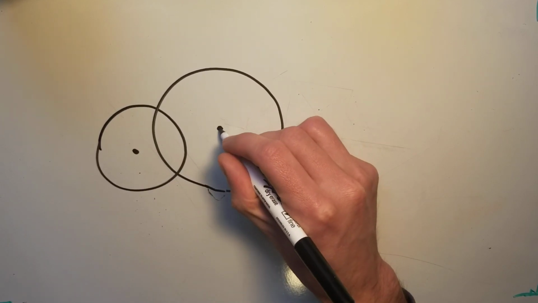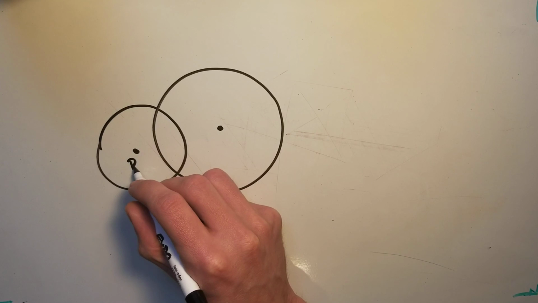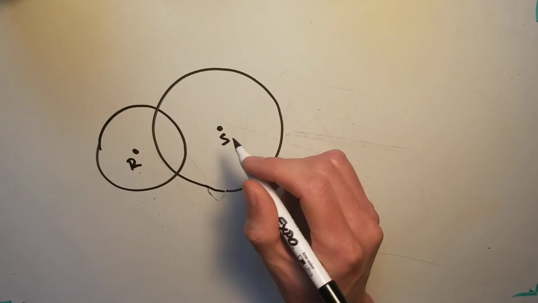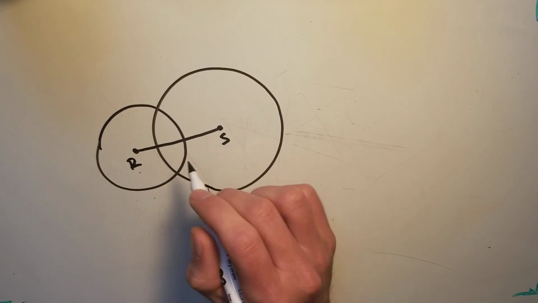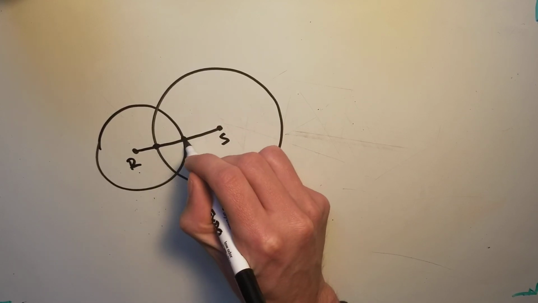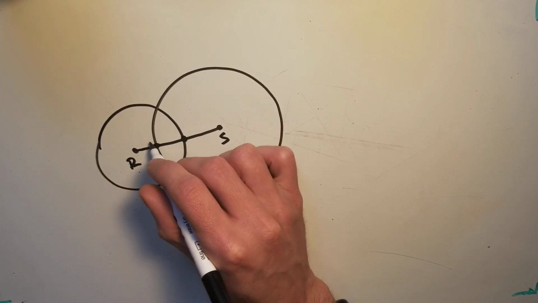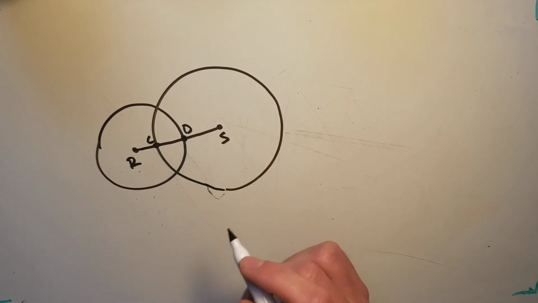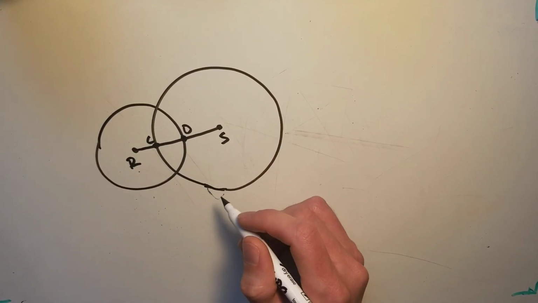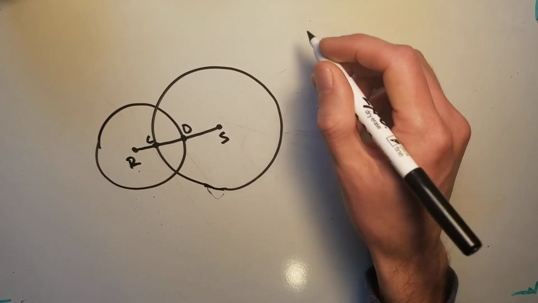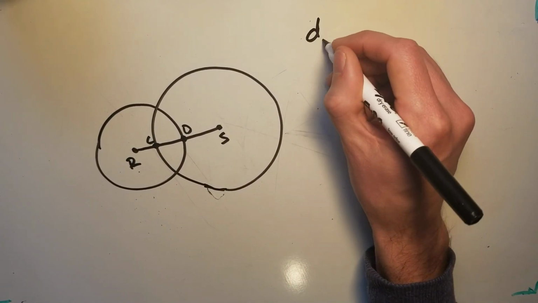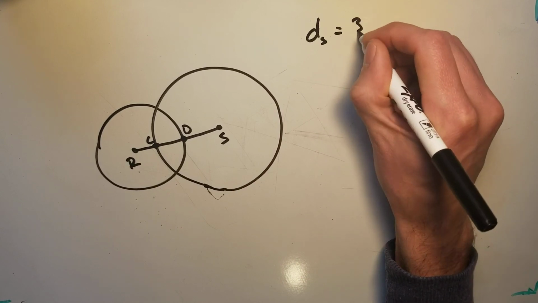We have circle R over here, circle S, and then we're given the segment from R to S, and we know these points are C and D. We are also given the diameter of circle S, D sub S, equals 30.